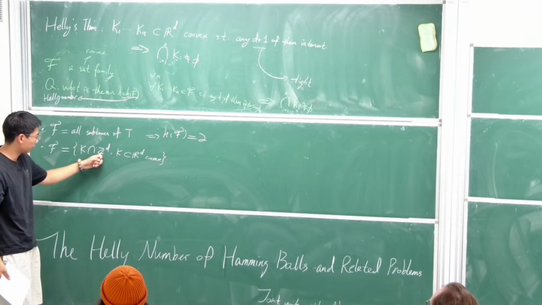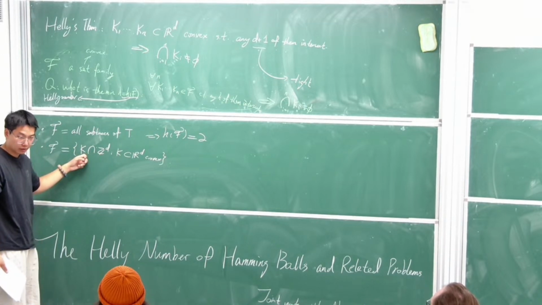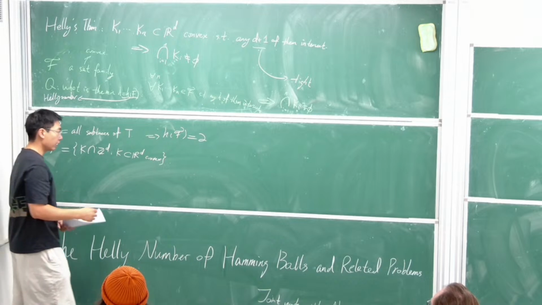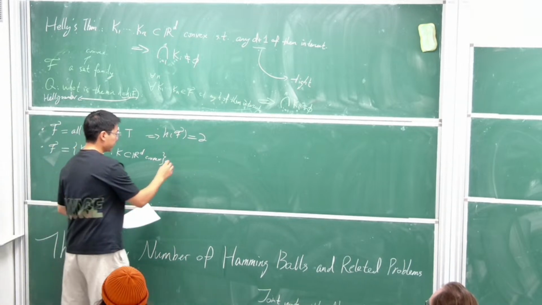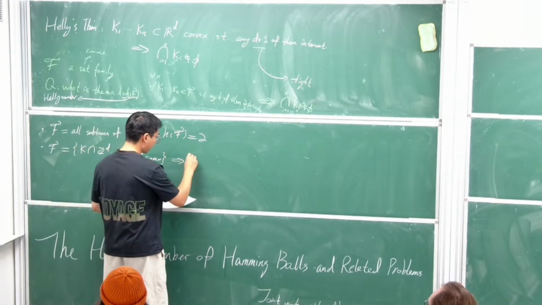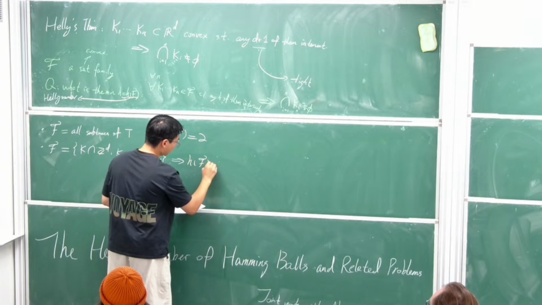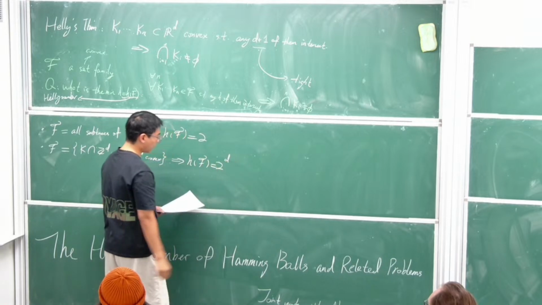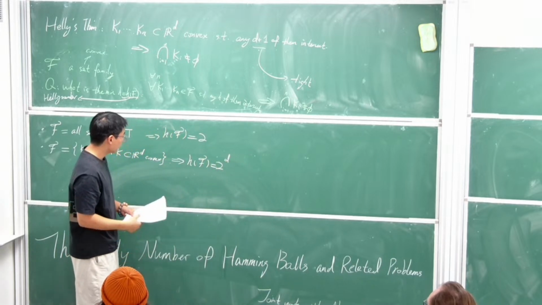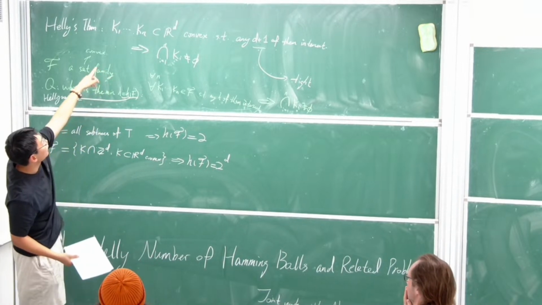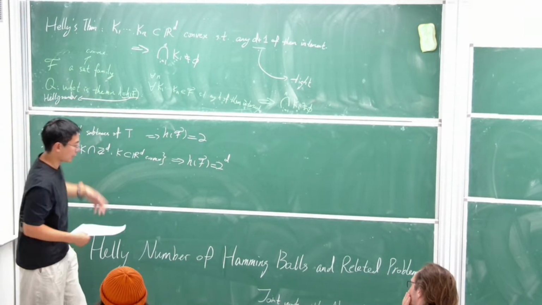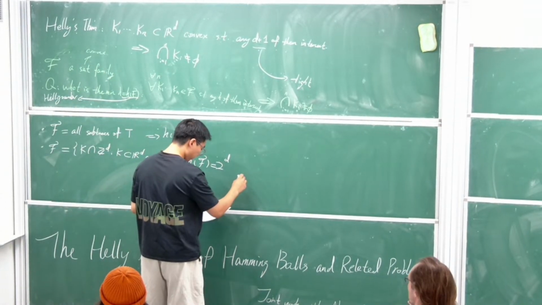This is all the integral points inside K. So this is another set family. And then a well-known result is that the Helly number is 2 to the D, which is way bigger than the Helly number of the convex case. And this is shown by Doignon.